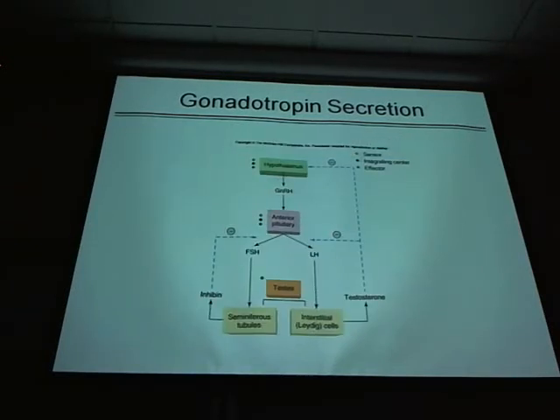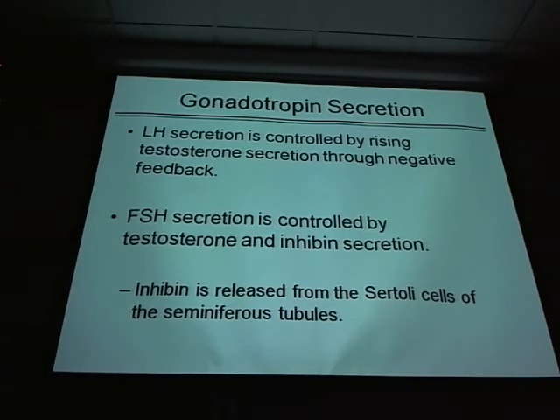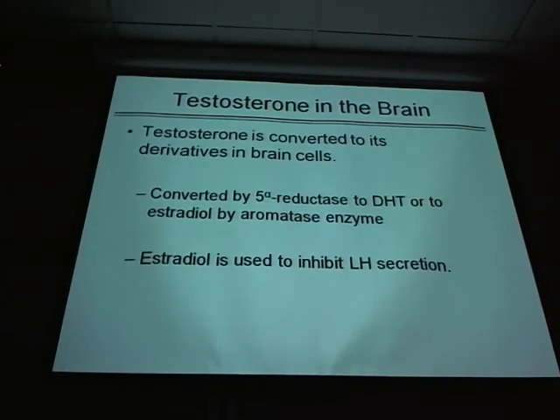So the luteinizing hormone for males: both males and females have LH and FSH. But for males, what does the LH do? I know for females... It causes the secretion of testosterone. Oh, so that's a feedback right there, right?